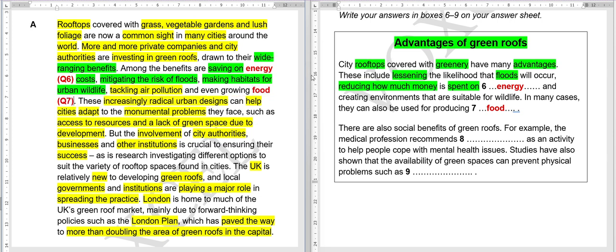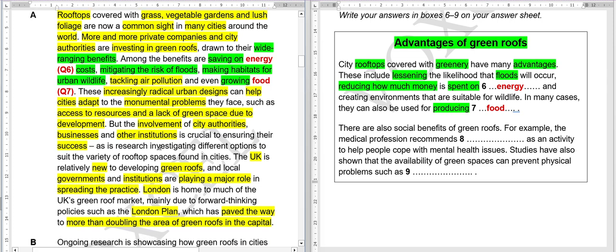Question 7. So how we arrived at this particular answer? So they're saying in many cases they can be used for producing, and here they have said growing. So we can grow food, or you can say produce food. I hope it is clear how we arrived at this particular answer.